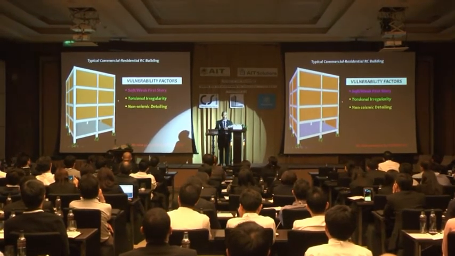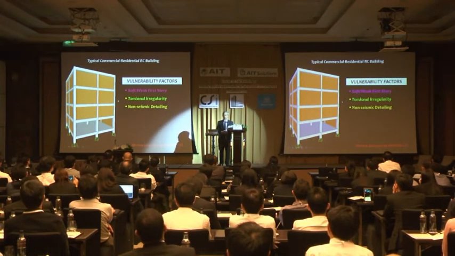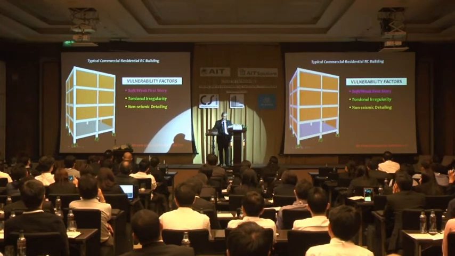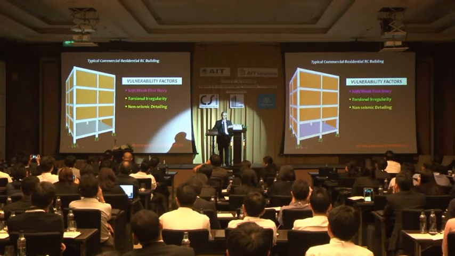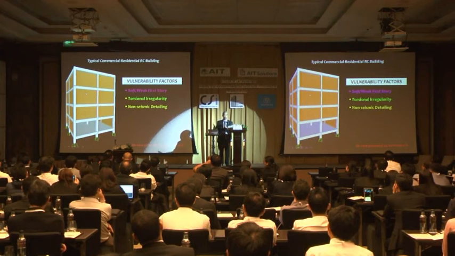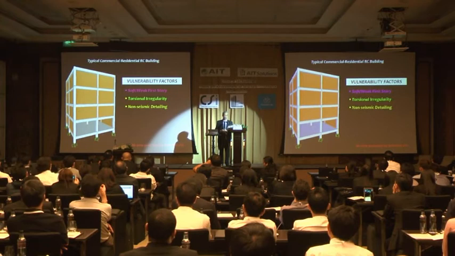So you can find this type of building almost everywhere in many countries. But when you take a close look at it, you will find that it has a concrete frame with many brick infill walls, many partition brick walls on the upper story because you need a wall on the side and for the interior partitions.